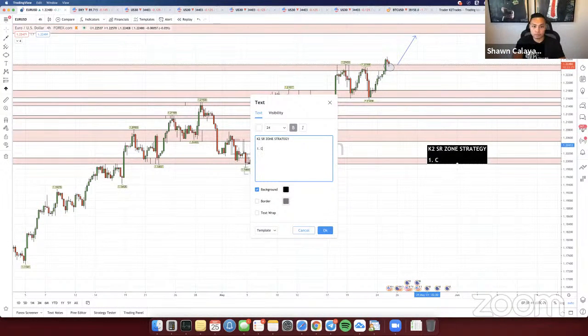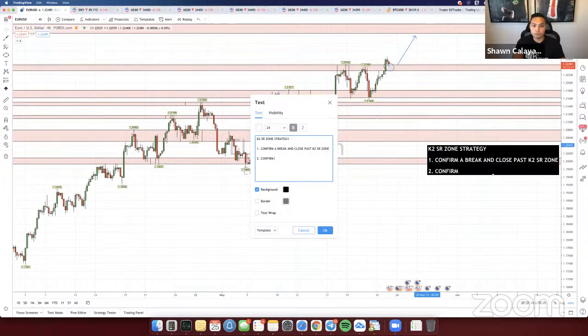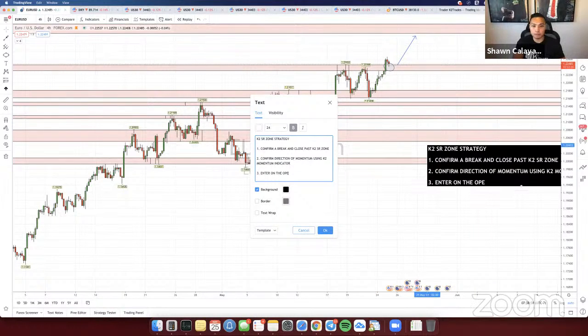So one, you want to confirm a break and close past the K2SR zone. Two, confirm direction of momentum using the K2 momentum indicator, and then enter on the open of the following candle.